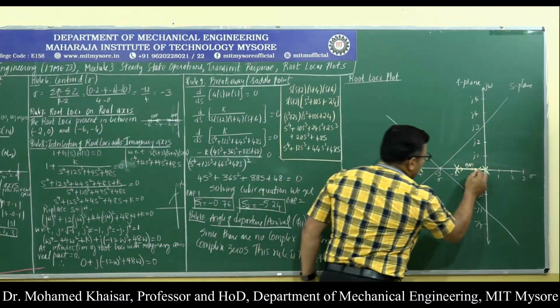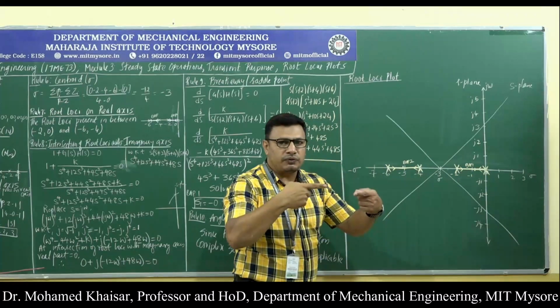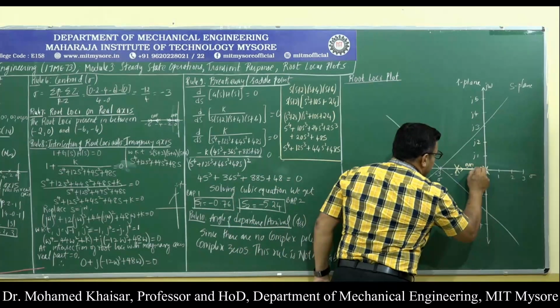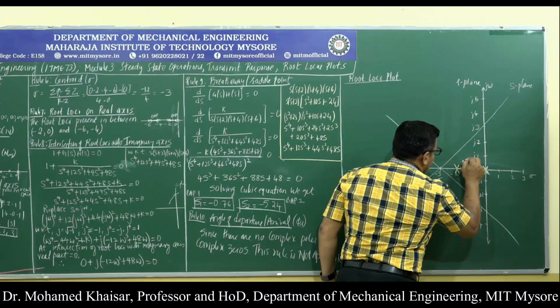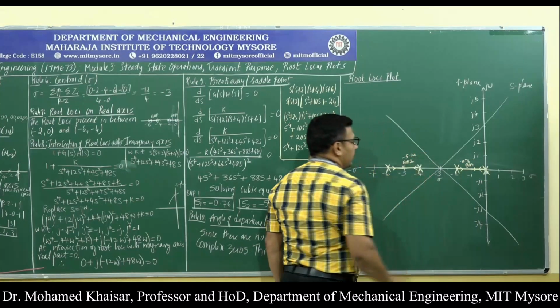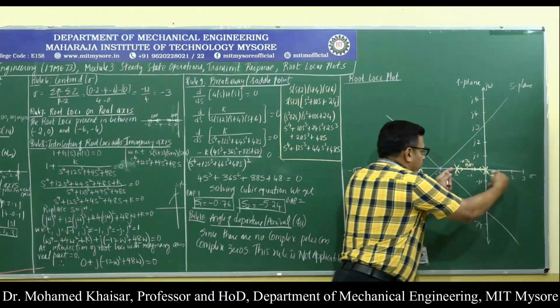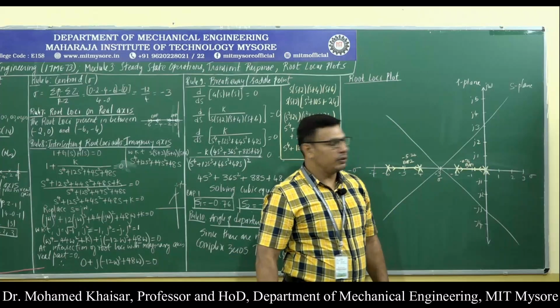So, what we have got? These two are the branches of root loci heading towards one another, colliding at minus 0.76 and minus 5.24. These are the breakaway points at which the two branches collide and break away.